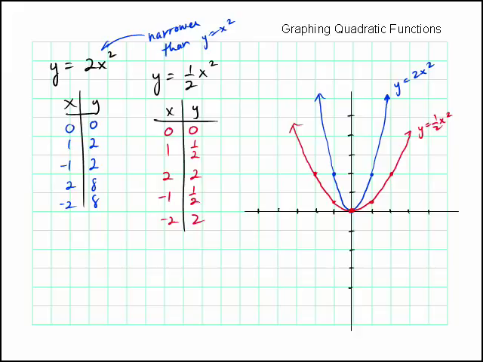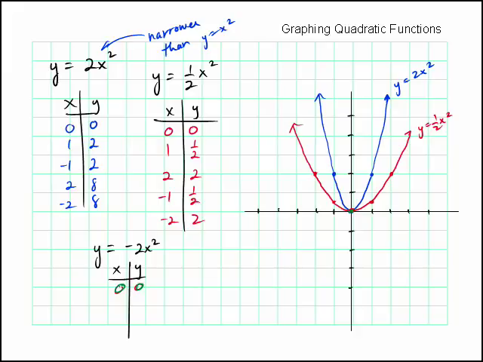For example, if I graph y equals negative 2x squared, a few points that this will go through will be 0, 0, let's use green here, 0, 0.